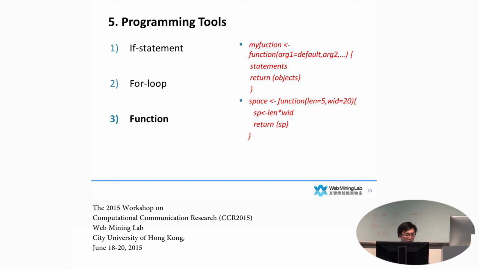For example, we define the function called area and use the function. Here is the place of parameters.